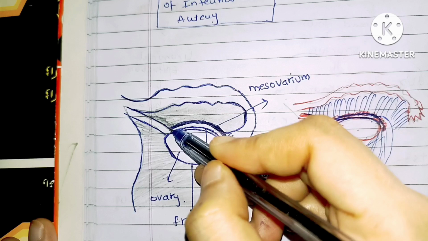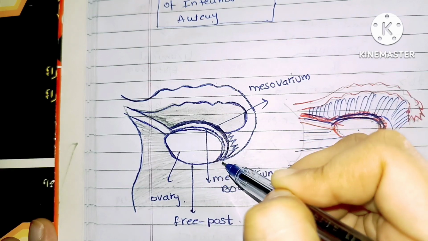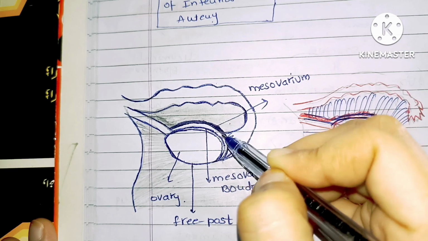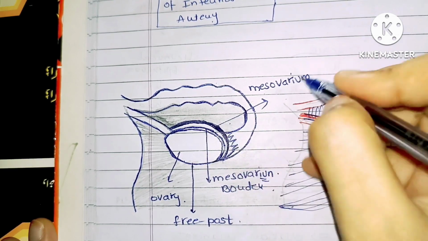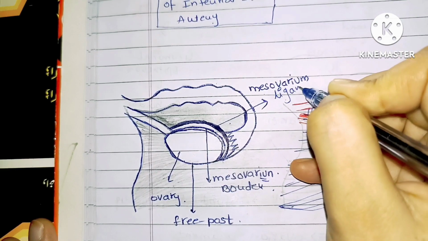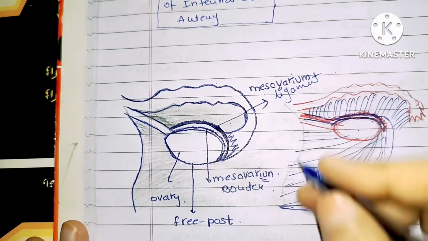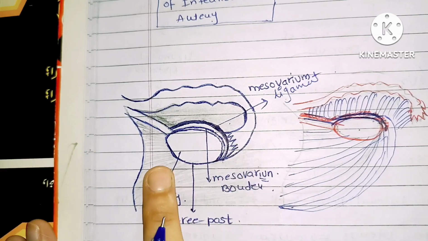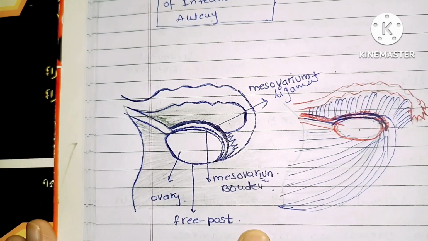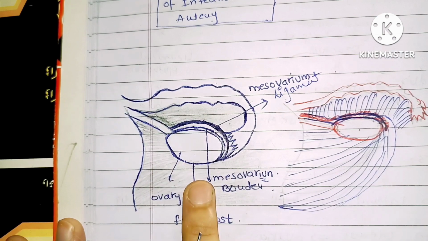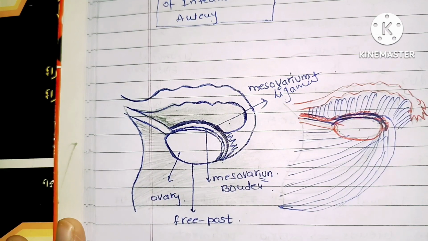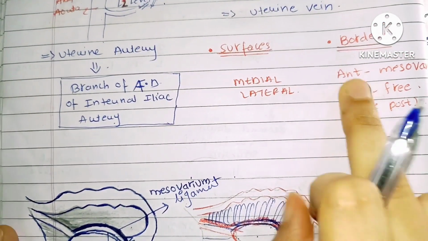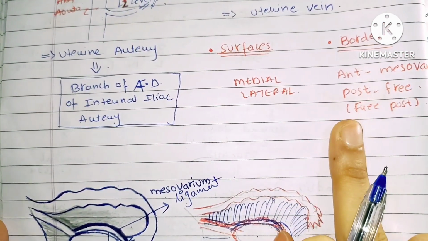The ligament which is surrounding the ovary, through which it is connected to the posterior wall of the broad ligament, is known as the mesovarian ligament. Now posteriorly the ovary has no border, so we can say that it has a free posterior border. So here we can write: anteriorly it has the mesovarian border and posteriorly it is free.